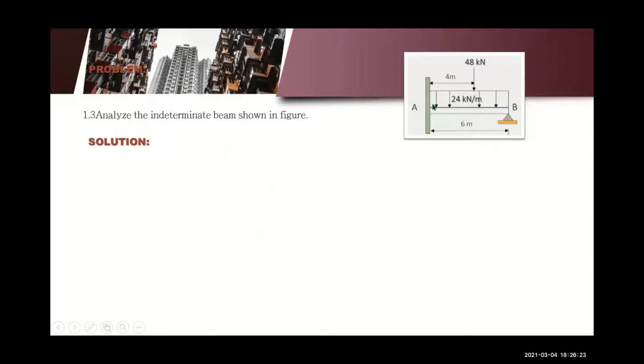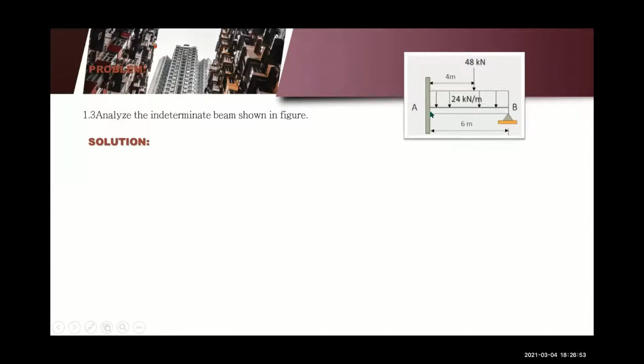Yan, we have here a compound beam or a cantilever beam with a hinge or a roller at the free end. So first, analyze the indeterminate beam shown. So no settlement present. So all we need to do is equate the deflection or deformation caused by the loads and the deformation caused by the support.